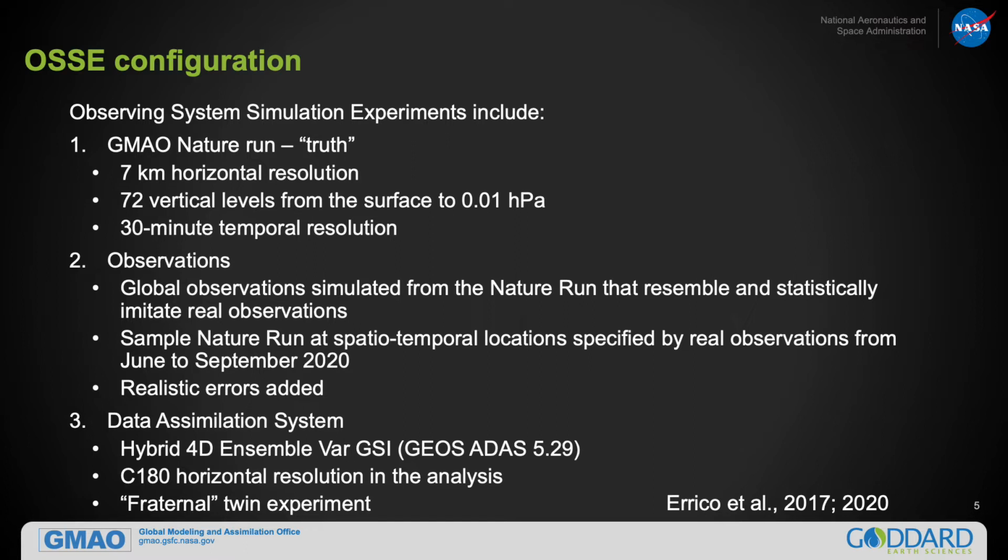The final component is the data assimilation system used to represent the NWP system. For this, we used a hybrid 4D-EnVar GSI system, the Goddard Earth Observing System Atmospheric Data Assimilation System, at approximately 1/4 degree resolution in the analysis, and coupled to a forecast model. This is considered a fraternal twin experiment.